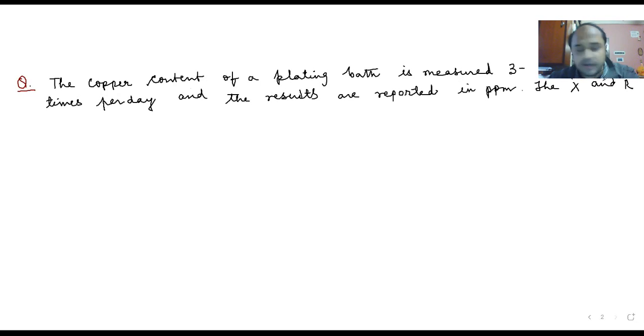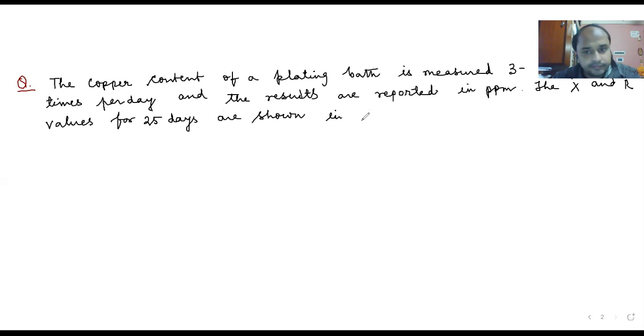So here the units are not important for me. The X bar and R bar values for 25 days are shown in the following table.